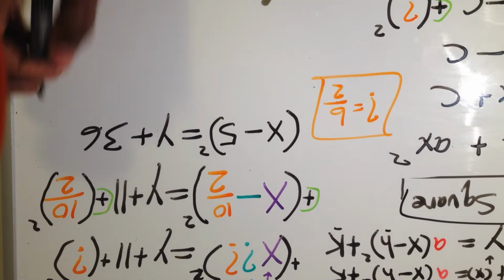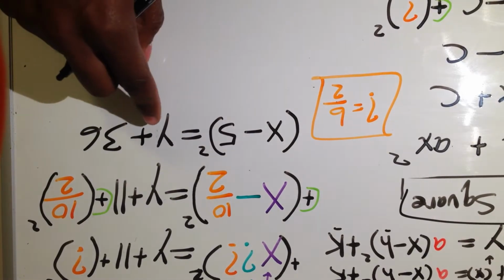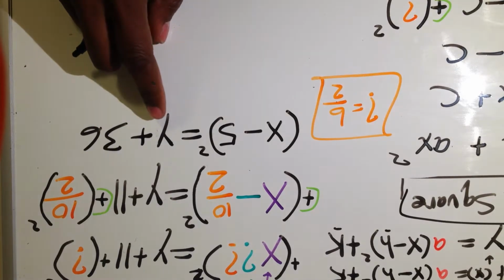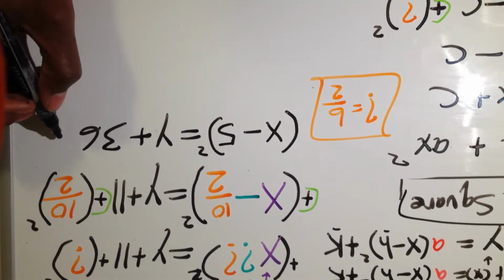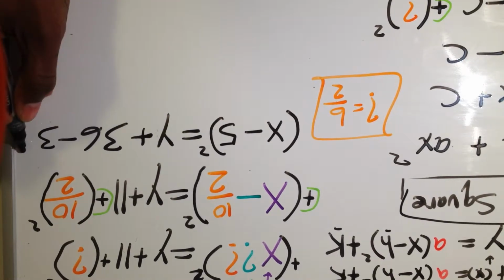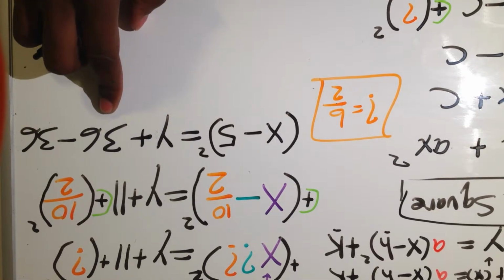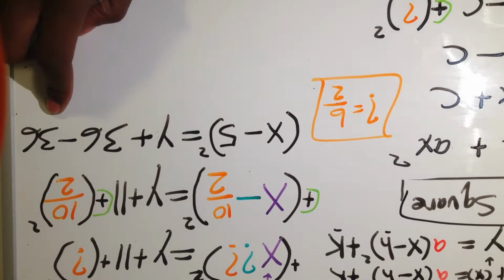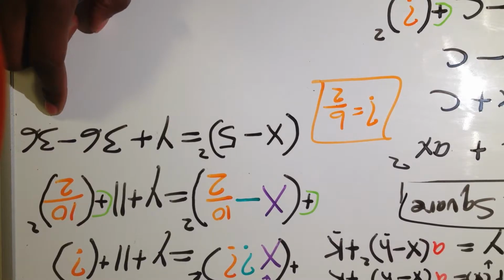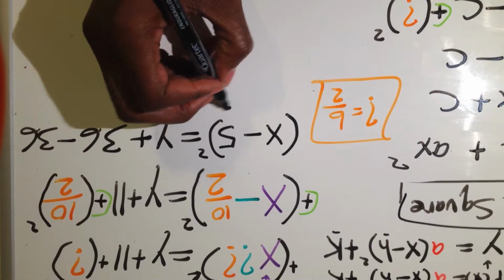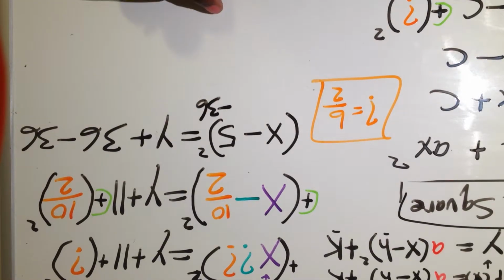Positive 36. Okay. Now we want to isolate the y and get it by itself. So we're going to subtract 36 out by making it a traitor. So subtract 36, and also what you do to one side is what you do to the other side, right?